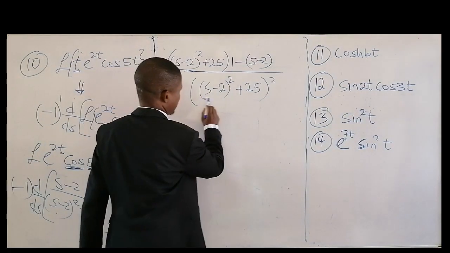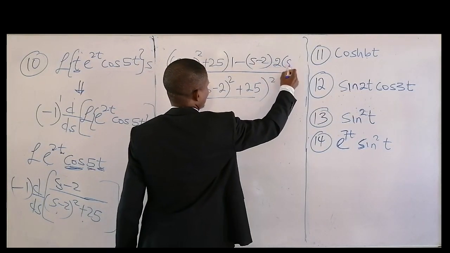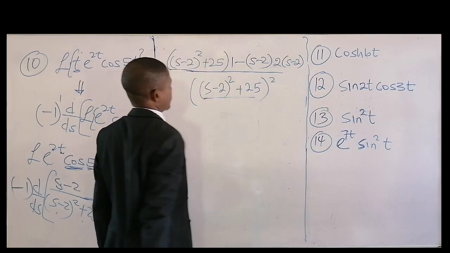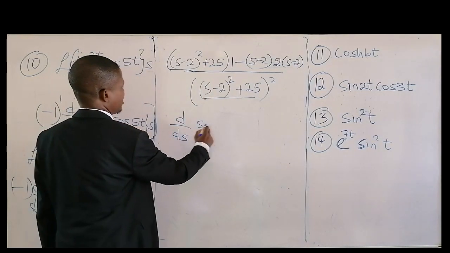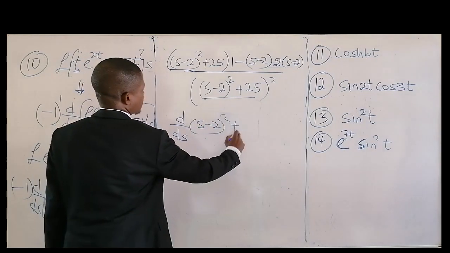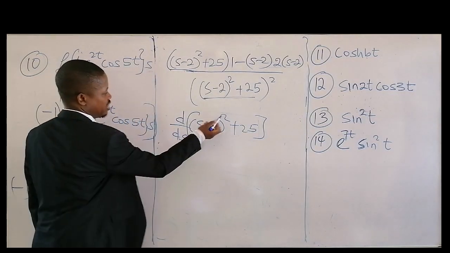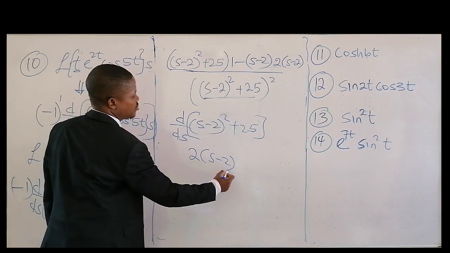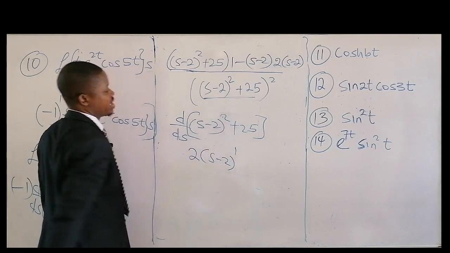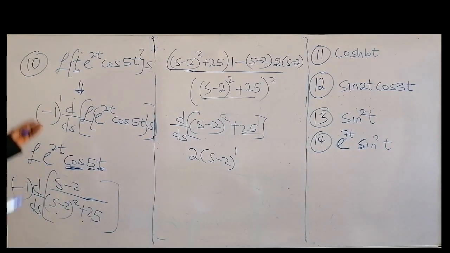If you differentiate the denominator, the 2 will come to the front, and we have 2 into bracket x minus 2 to power 1, and then the differentiation of the constant is 0. So that's what we have now.